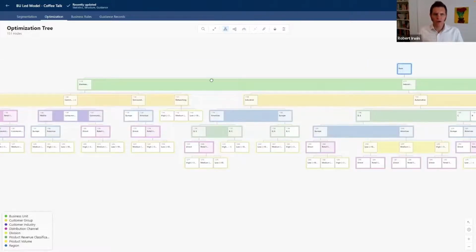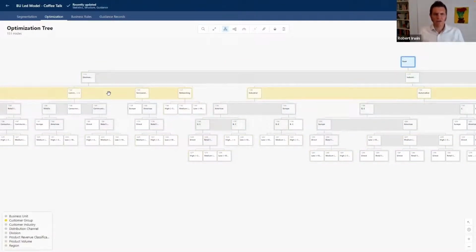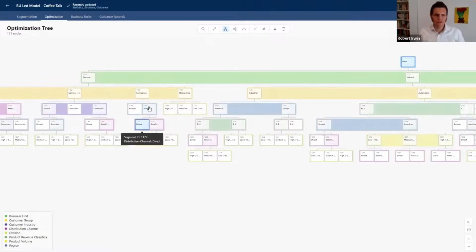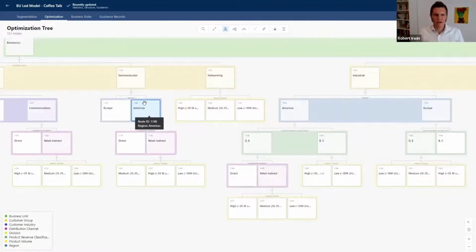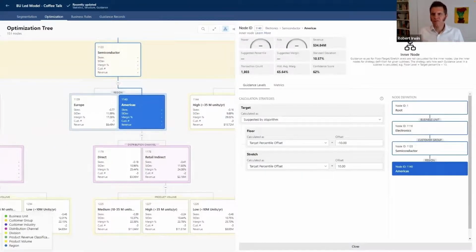So I have my business units set up. The algorithm has selected the next set of dimensions. And here in the Americas, I see that I have a split between channels. And that's actually something that I wanted to adjust.